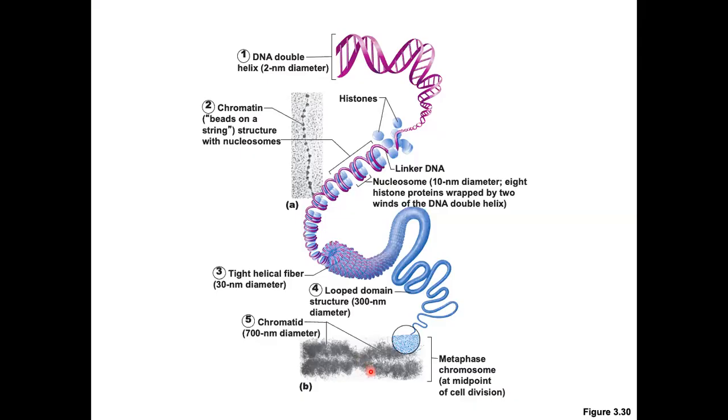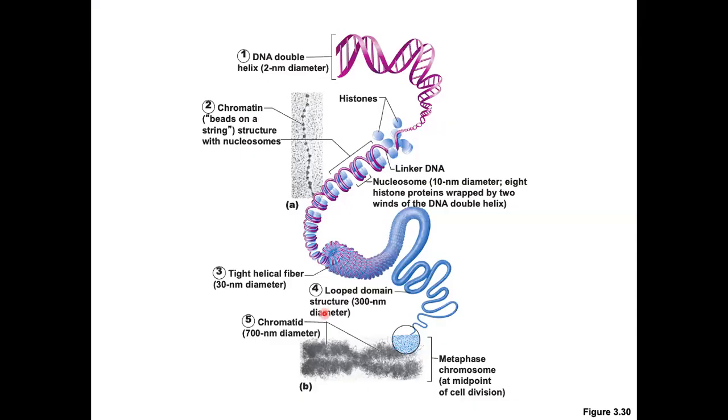Okay, so let me point out too that when the cell is in interphase before it goes through mitosis, the DNA exists as chromatin. This is easy to pass light through, and so you can't really see the chromosomes when the cell is in interphase.